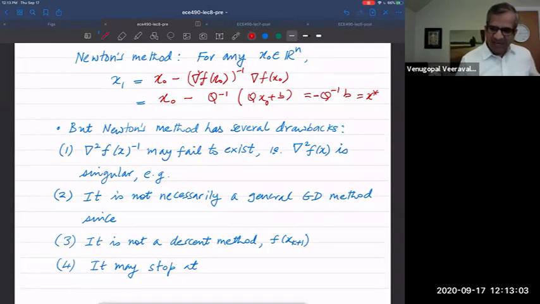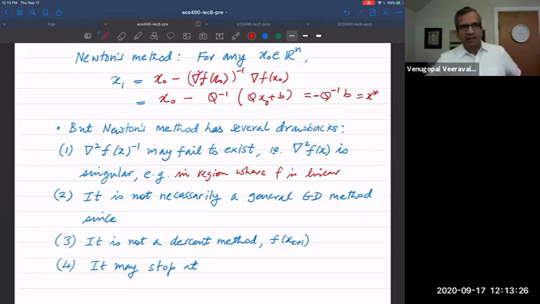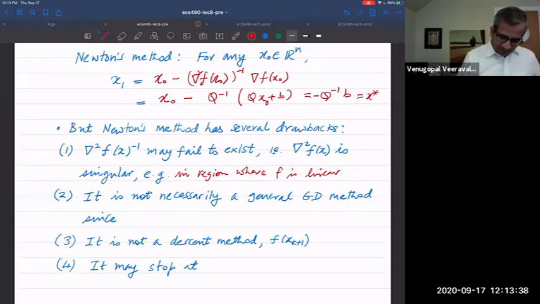That can happen in other places too, but for example in a region of the domain where f is linear. If f is linear in some region, then of course the Hessian is going to be 0. So in that case, you're not going to have a non-singular Hessian.